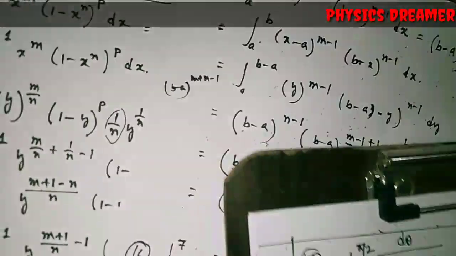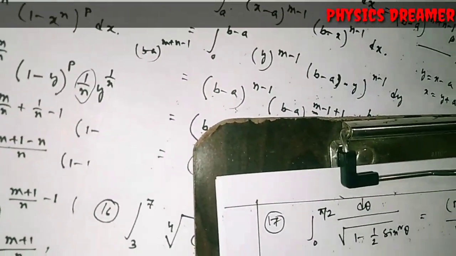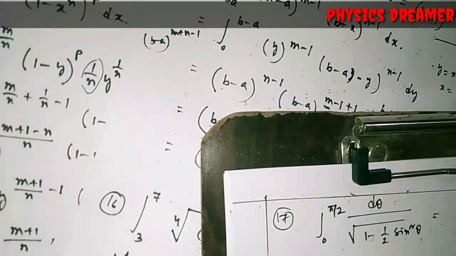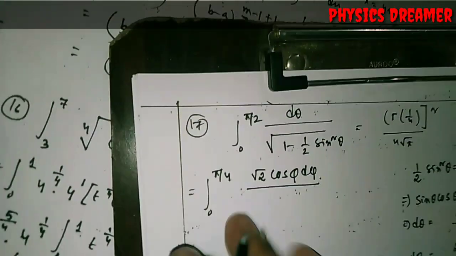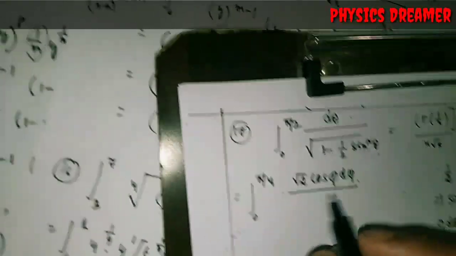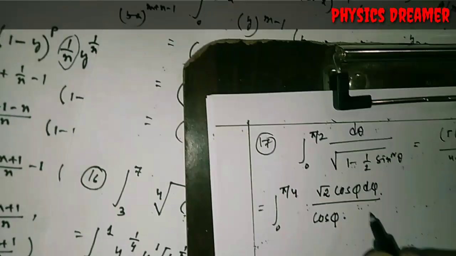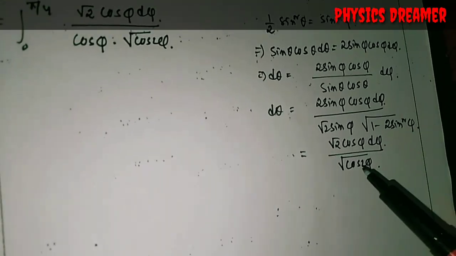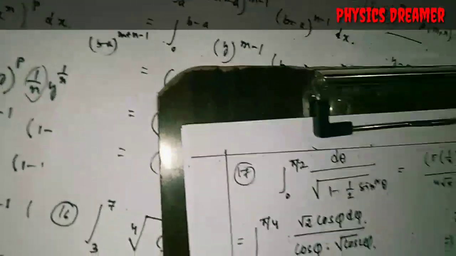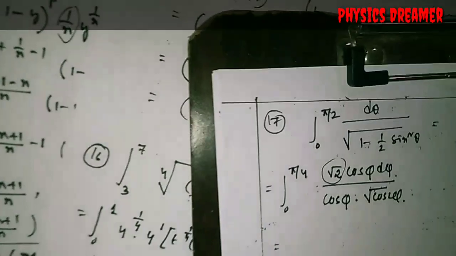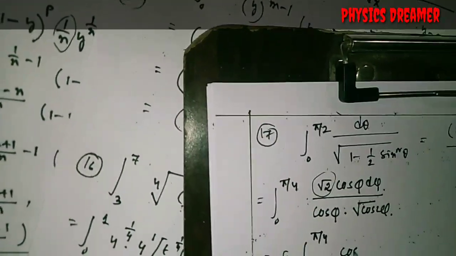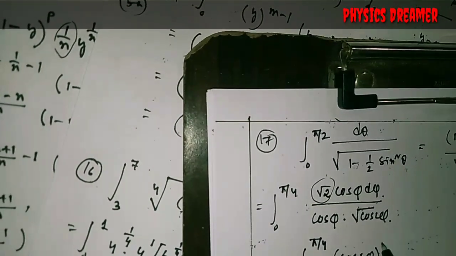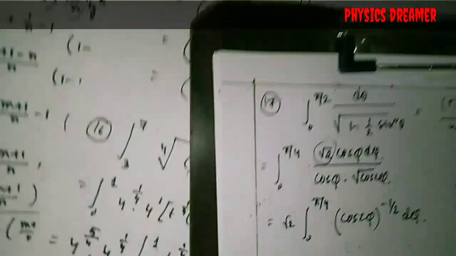Okay, now I am taking the integration 0 to pi by 4 root 2 cos phi d phi by cos phi into root over of cos 2 phi, because here I have already proved it. So here cos 2 phi. So equal to root 2, constant term, so root 2 integral 0 to pi by 4 into (cos 2 phi) whole to the power minus 1 by 2 d phi.